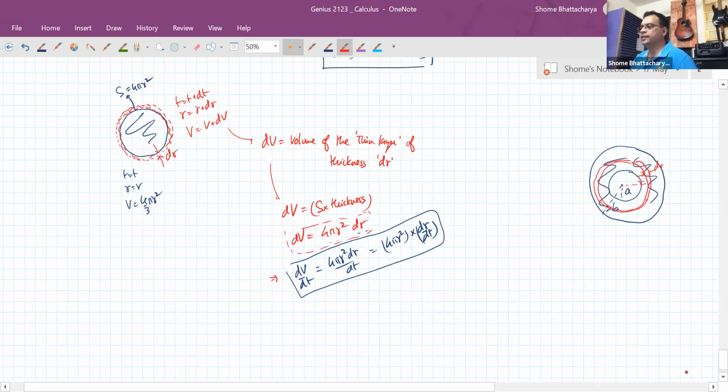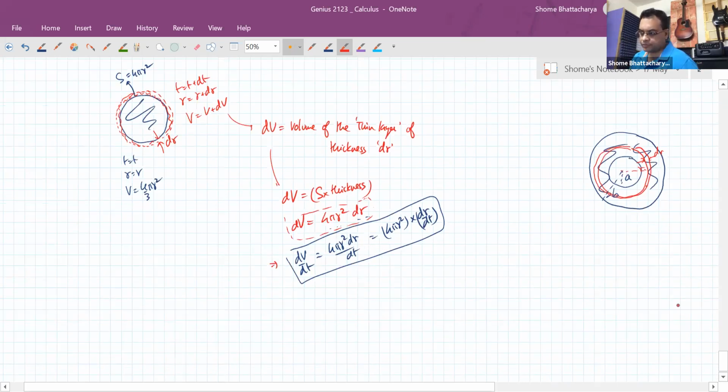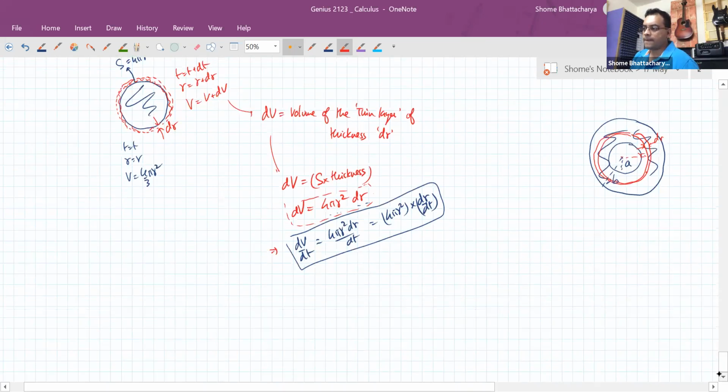But that we will learn in integration later. So don't worry about it just now. But this method was clear, I hope, right? Yes, sir. So we can only say that dV is equal to surface area into thickness for that thin shell, correct? Only for that we can say, right? Okay, sir.